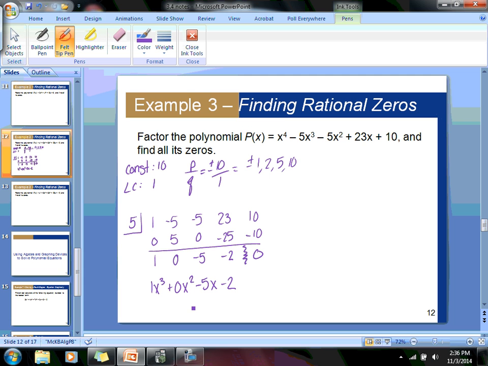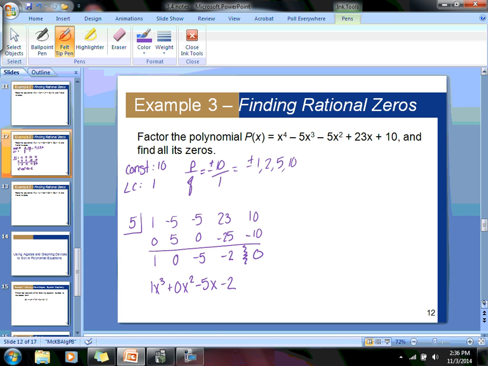So when this happens, you don't just stop and say, oh, that's my answer. You want to keep going. So remember when we looked at that chart in the previous slides, the third step was repeat. This is where you repeat. Okay, so I need to list all the possible zeros of this new depressed polynomial.